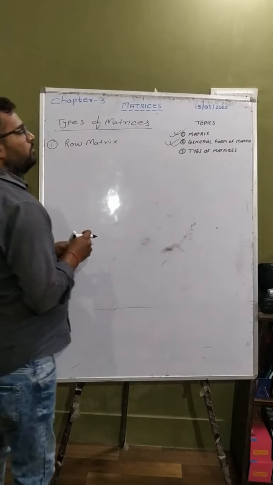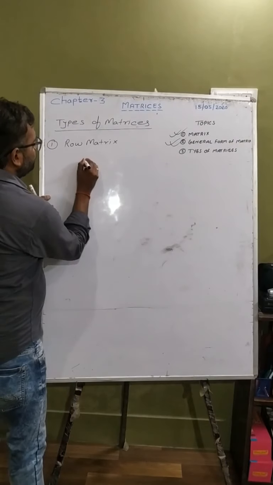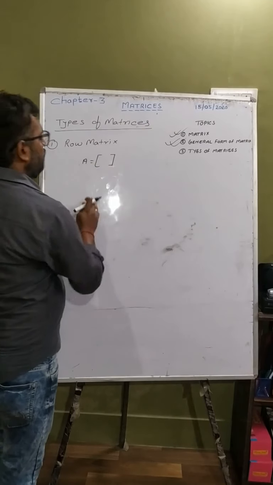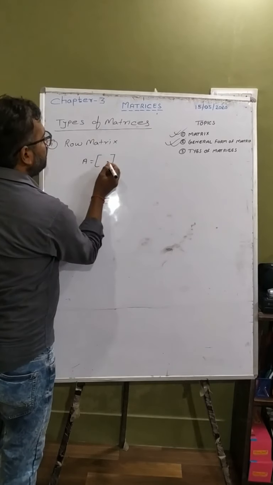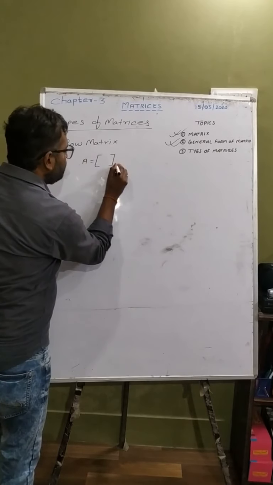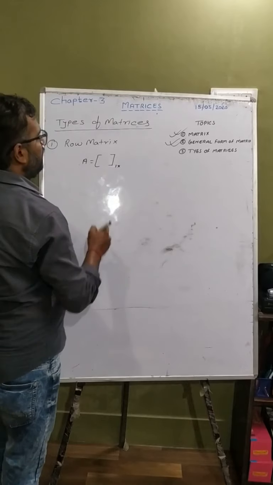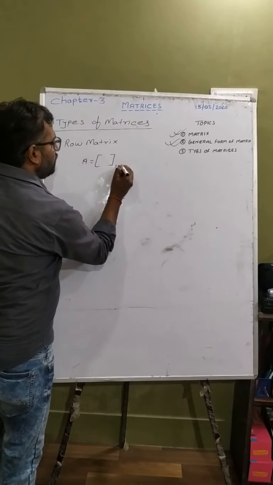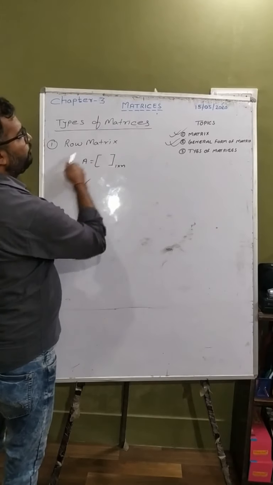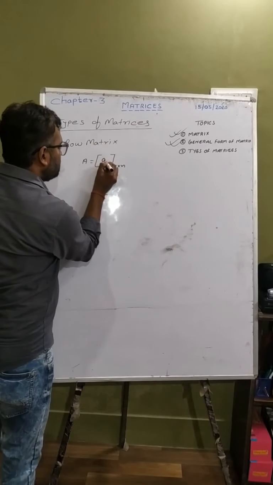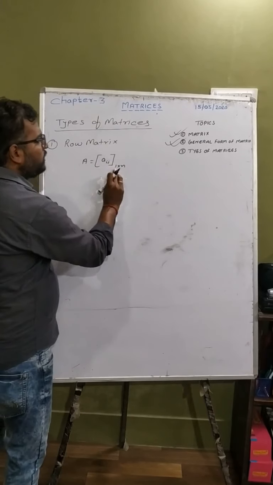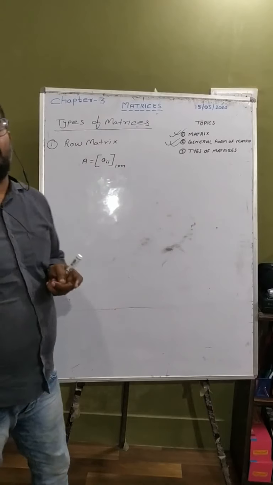By name it is clear: a matrix where only one row can be there, and there is no restriction on the columns. Then every matrix of the form Aij of order 1 by n.